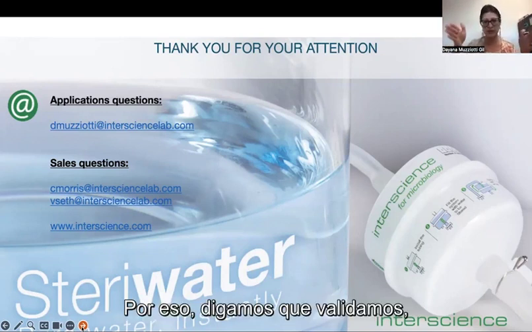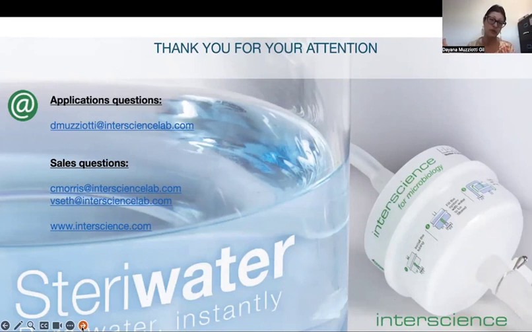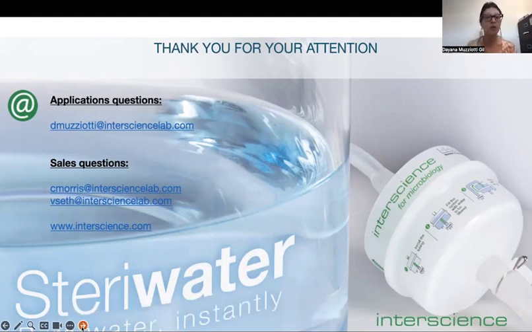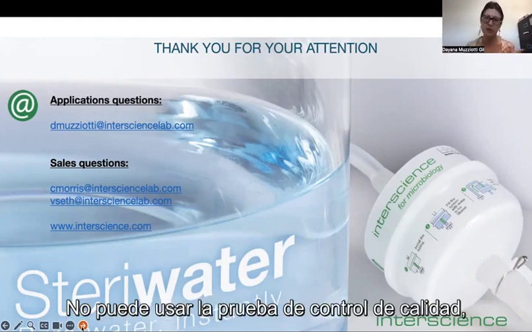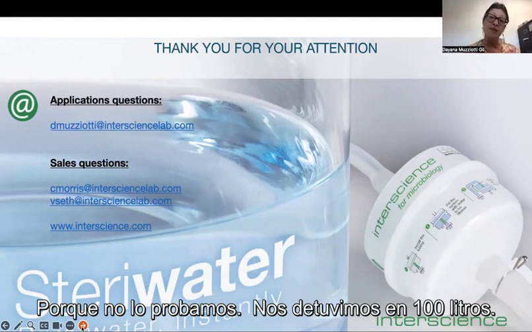This is why we validated and optimized up to 100 liters. You can filter less, and you can also filter more. But in that case, you cannot use the QC test that I explained before, because we didn't test it. We just stopped at 100 liters.